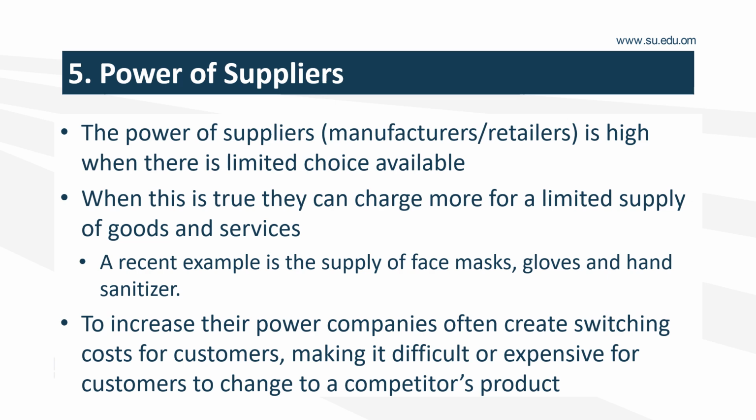So to increase their power, companies often create switching costs for customers, making it difficult or expensive for customers to change to a competitor's product. So in the case of COVID-19, there was supplier power because there was limited choice for the customer.